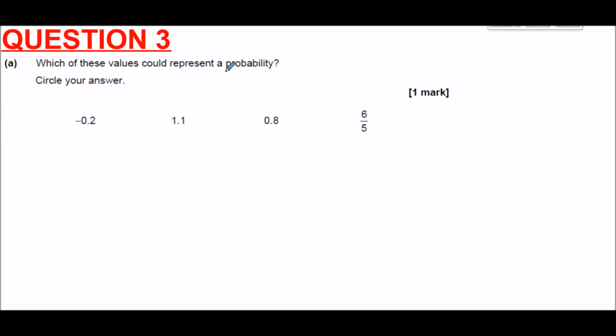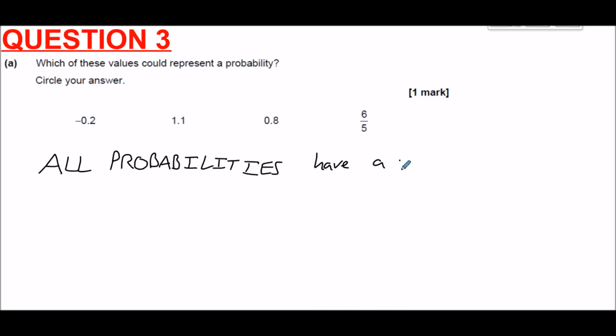Question 3, part A, which of these values could represent a probability? Well, there is an often forgotten rule about probability. All probabilities have a value between 0 and 1.